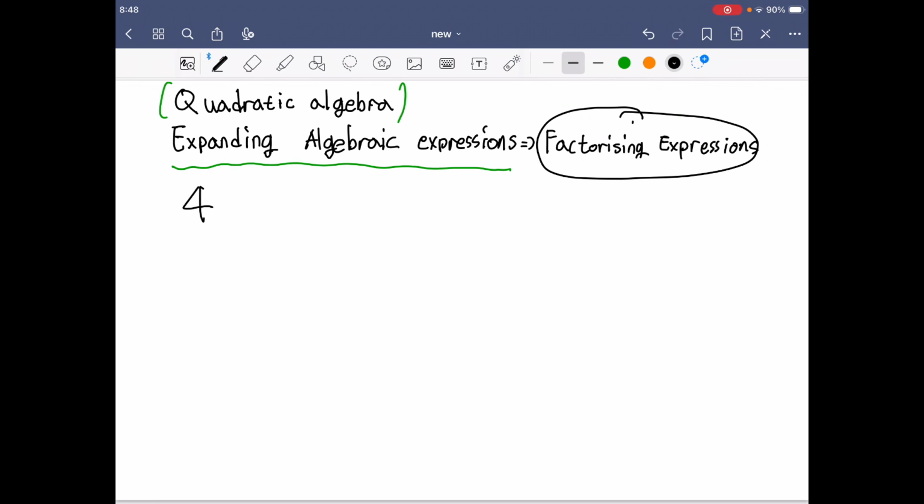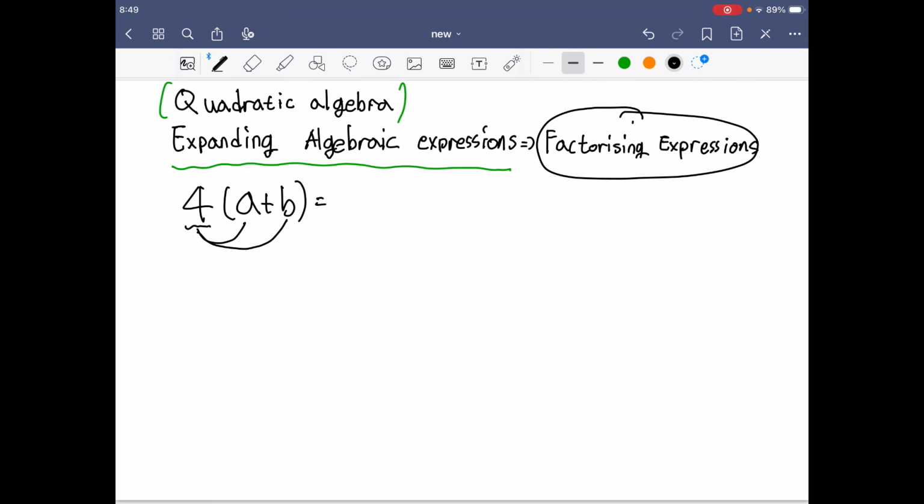Let's have a look at this specific example first. 4 and a plus b. What does this mean? I think many of you already know how to simplify this expression. This number 4 distributes across all the numbers inside the bracket.